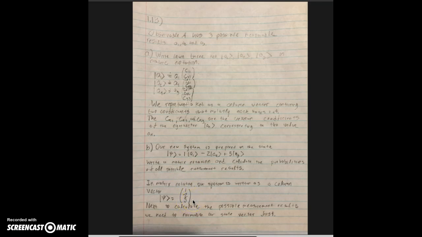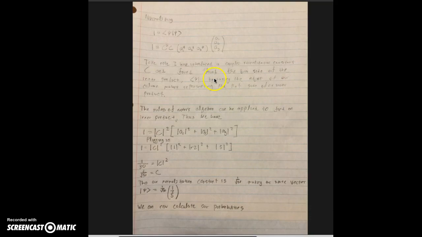So next we want to calculate the possible measurement results. We need to normalize the state vector. Alright, so first we have to normalize this. And so we want to take the inner product of our column vector with itself, but we need it to be a bra.